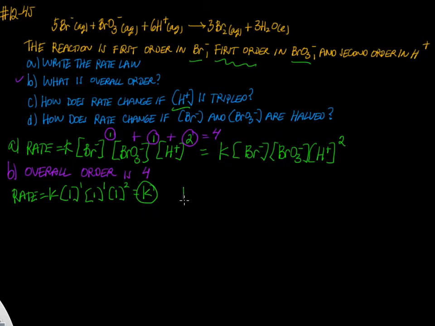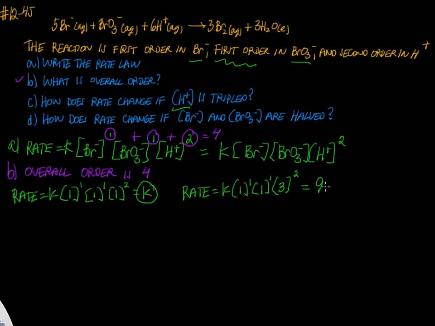And now let's go ahead and pretend like that concentration for H plus has been tripled. So if we triple 1, it's going to become 3, and that's still squared, okay? So 1 to the first power is 1, 1 to the first power is 1, and 3 squared is 3 times 3, which is 9.